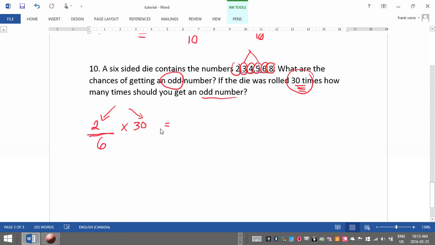So that would be 2 times 30 is 60, and it's divided by 6. Okay? 60 divided by 6 is 10. So if you were to roll 30 times, 10 times you should get the number 3 or 5, because those are the 2 odd numbers.